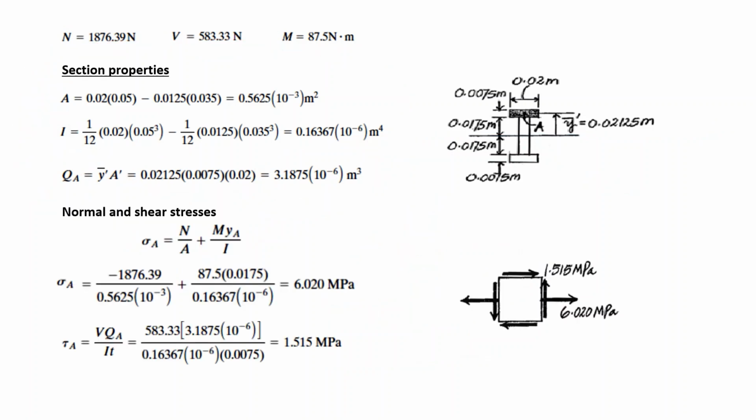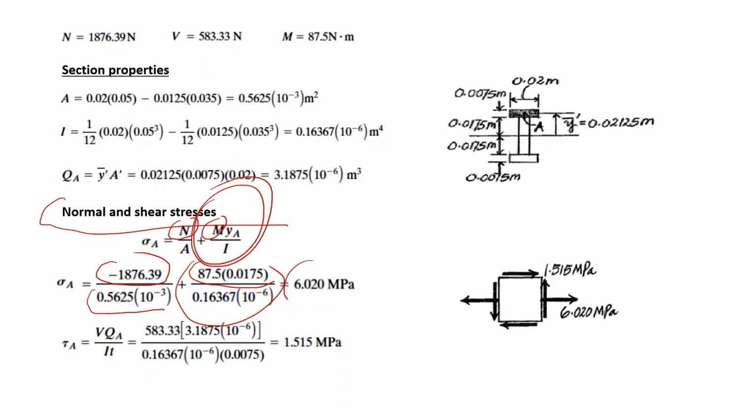The normal stresses are due to the normal force and the bending moment. In my case, I have a compression, so this is this value. And I have a bending, which creates a positive normal stress. This value can be calculated with this formula. As a result, the normal stress at point A is 6.02. For the shear stress, we have no torque, so shear stress is only due to shear forces.